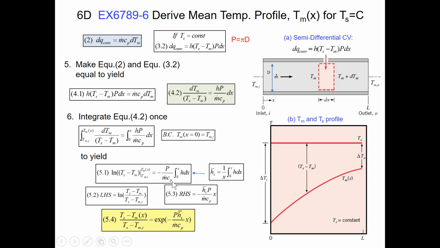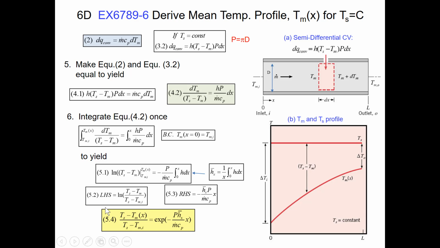The right-hand side, by using the definition for the average heat transfer coefficient h x bar, yields equation 5.3.